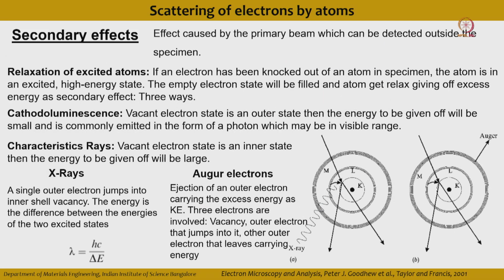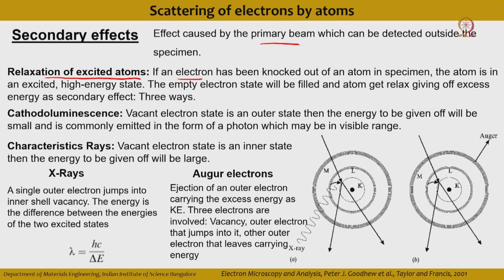Now, there are other secondary effects which are very important to understand, caused when the primary beam interacts with the sample and which can be detected outside the specimen. There are 3 types of secondary effects here. The first is relaxation of excited atoms. What does it mean?